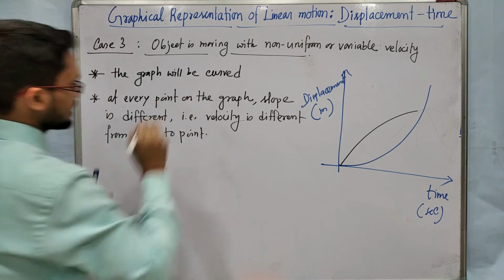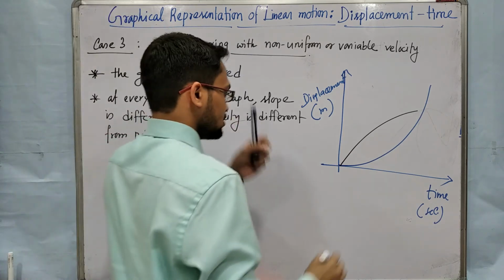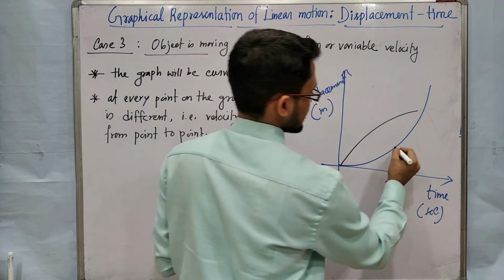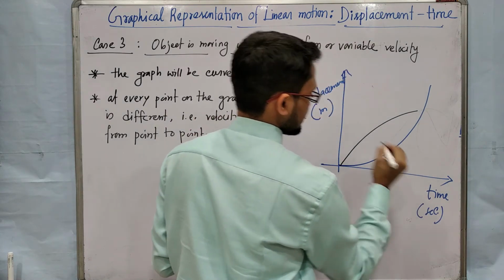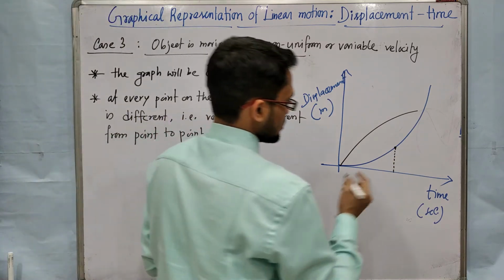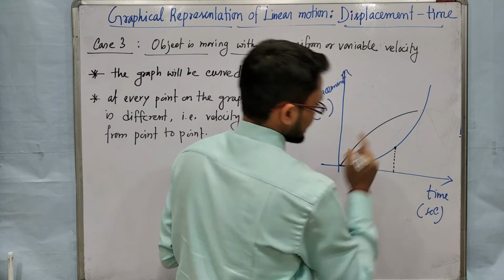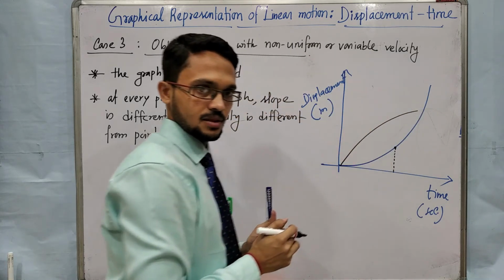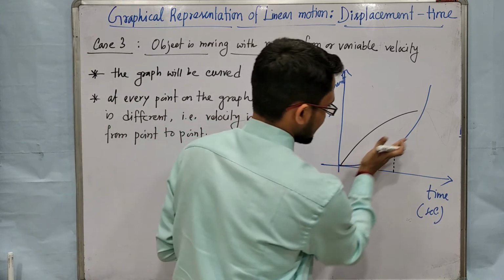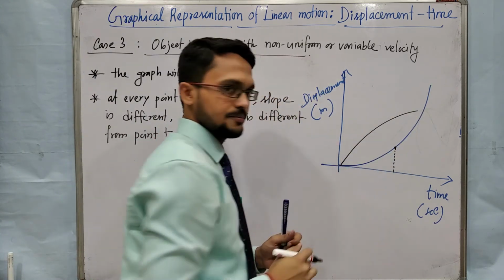Okay, so here how will you find the velocity? So take any point, suppose at this point, at this particular instant, at this particular time, you want to find the velocity. So how will you get? Draw a tangent at this point to this graph. Okay, draw a tangent. Tangent means a straight line which will just touch this curve at this point.